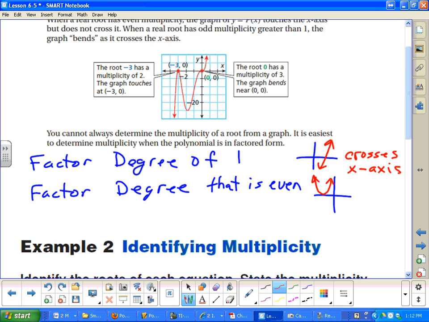It touches the x-axis. So take your calculator. You just did x to the fourth, right? I want you to graph, does everybody know what x squared looks like? X squared looks just like that too, doesn't it? Graph x to the 6th power.